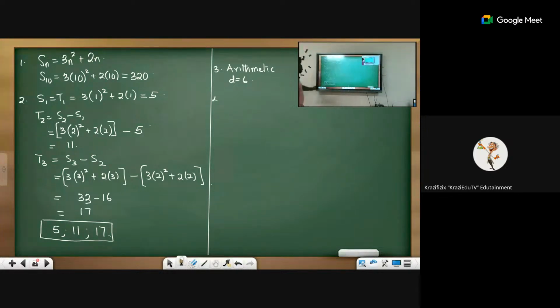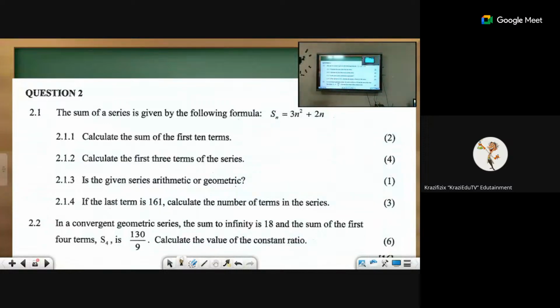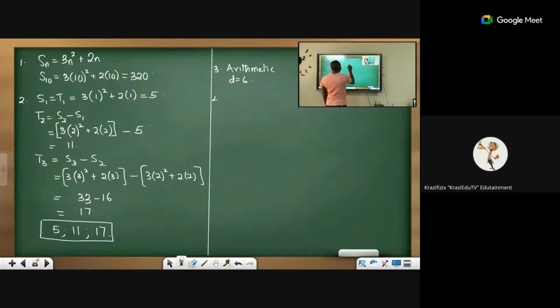Is there number 4? If the last term is 161, calculate the number of terms in the series. How many numbers are in the series? All right, we know it's arithmetic. What's our formula? dn plus a minus d. I'm sure you remember, right? What is our d? 6n. What is 5 minus 6? Minus 1.